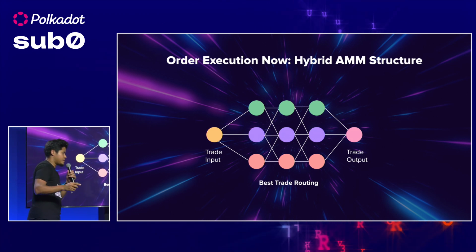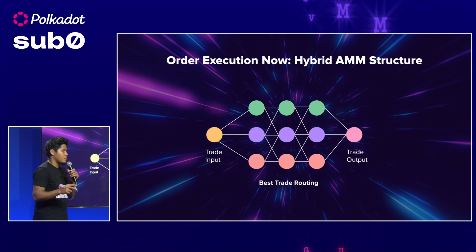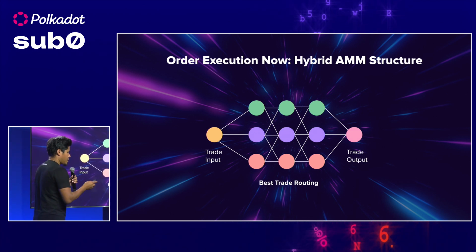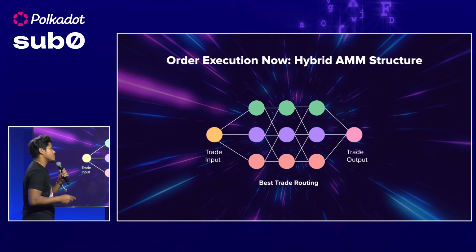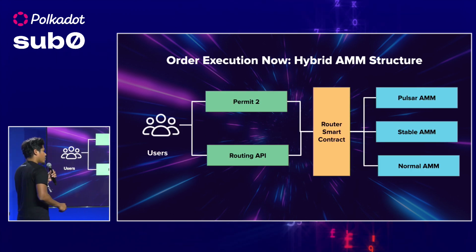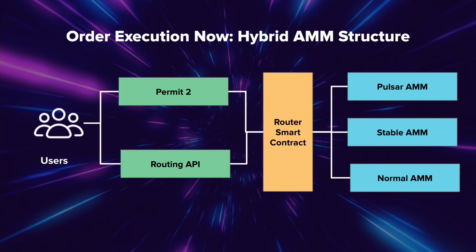That means $1 of DOT is going to get him the most efficient pricing there is. That's basically the purpose of our router, which is to unify the liquidity across the board, across our AMMs. So this is basically the structure and how the order execution happens.